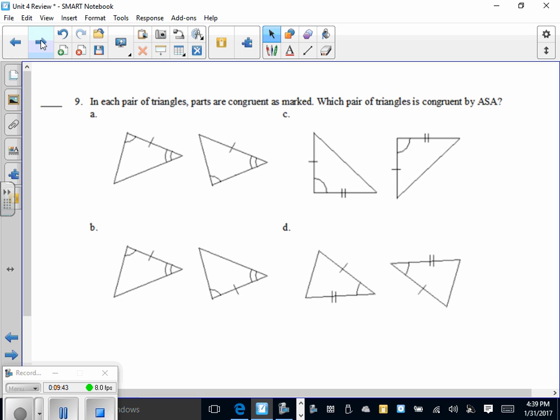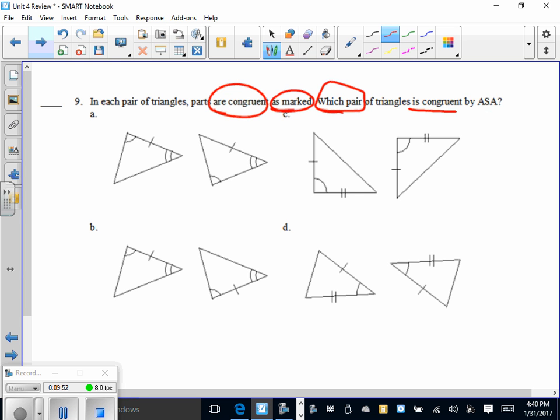Okay, number 9 says, in each pair of triangles, parts are congruent as marked. Which pair is congruent by angle, side, angle? Angle, side, angle. Have to use that.